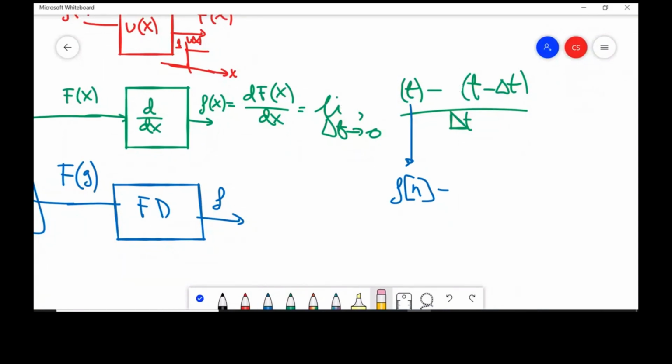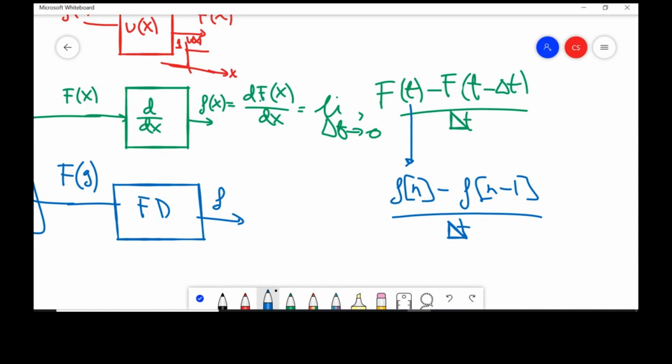It should be capital F, because we are differentiating capital F. So if I take samples, this is the sample n, and this is the sample at n minus 1. So the first difference, if you divide it by your sampling rate, is just an approximation to the derivative. So you see that everything is connected, everything moves very fluently between the different concepts.